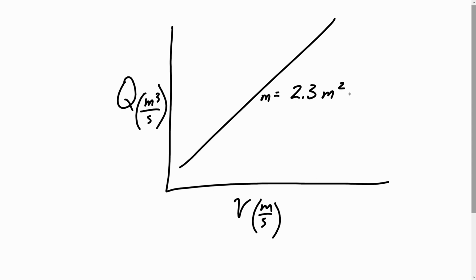Now, as I do that, I should start going, wait a minute. I know that y is equal to mx plus b. This is getting pretty interesting. My y was the letter Q. My m is this 2.3 meters squared. My x was the letter v.